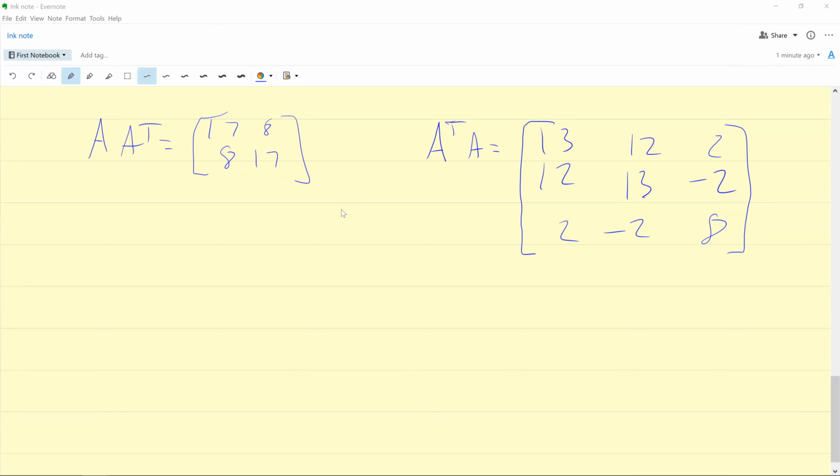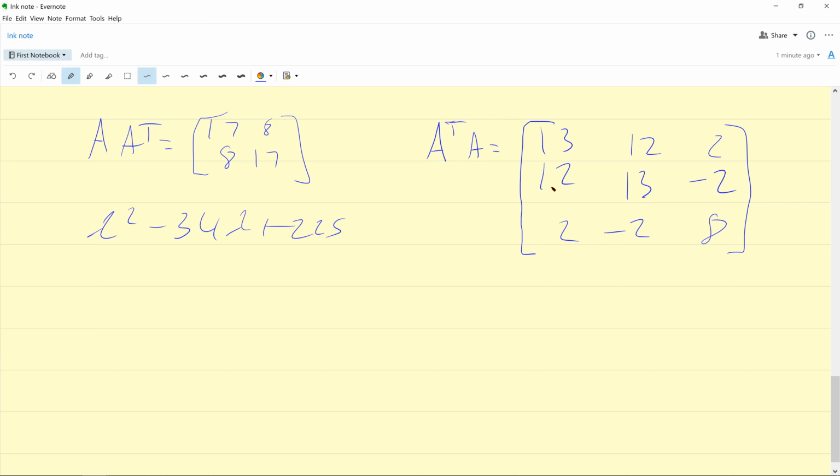Do you guys need more time? Okay, so what would you end up finding for the characteristic polynomial of this guy? Lambda squared minus 34 lambda plus 225. Yeah.